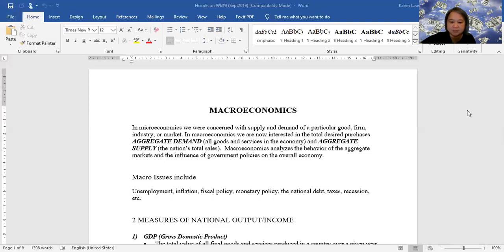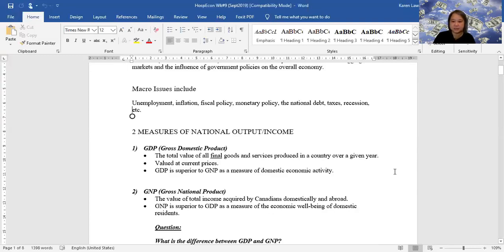So once again, these are the macro issues that we will be dealing with: unemployment, inflation, fiscal policy, monetary policy, national debt, taxes, recessions, and etc. So our first lecture, I would say, is our building block of macro, which means that unfortunately I need to go through terms, what they mean, in order to build our model.